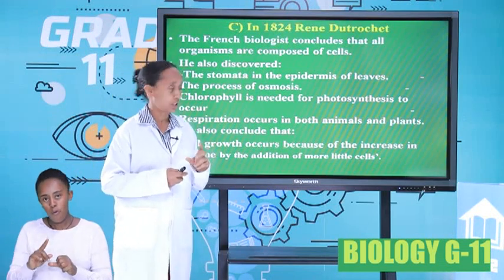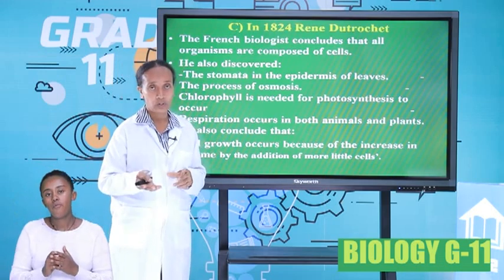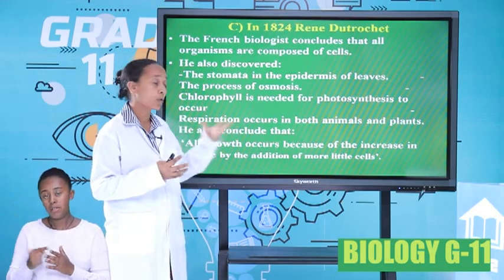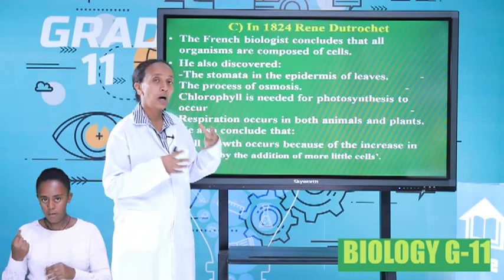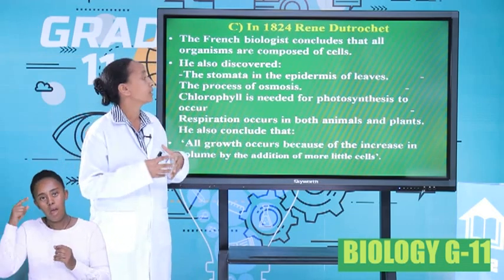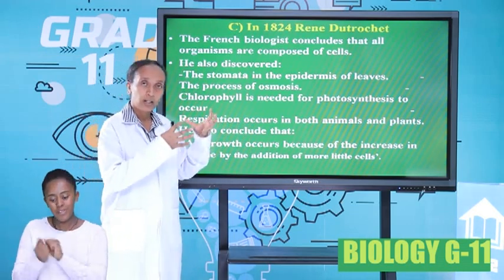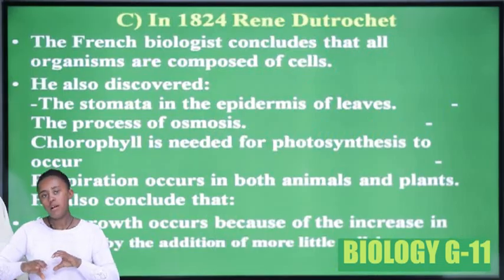The other contribution of René Dutrochet was the importance of chlorophyll for photosynthesis. You know, from your lower grade, photosynthesis uses chlorophyll for absorbing light energy, to change the light energy into chemical energy by green plants.